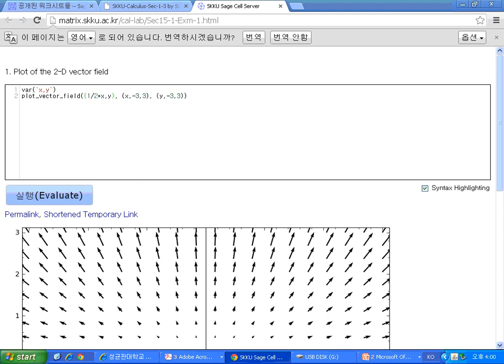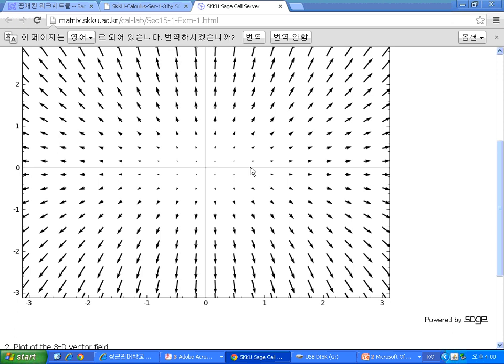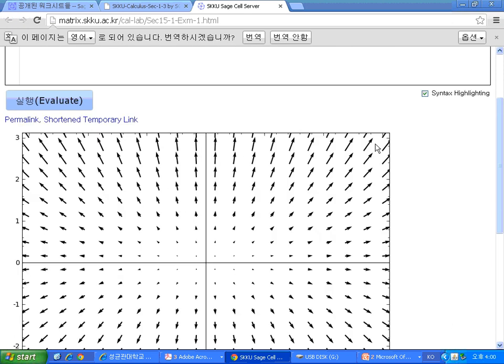That vector can be represented in this way, in coordinate form, and these are the vector forms. Near the origin, the length is small. As we go farther, the lengths of the vectors get bigger and bigger, don't they?